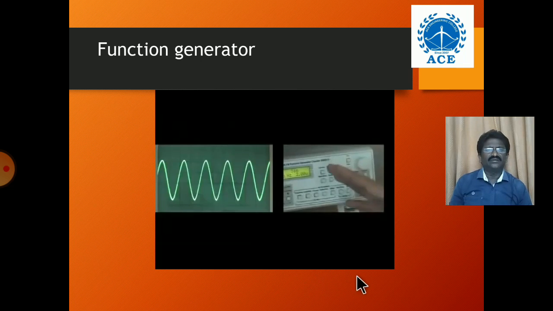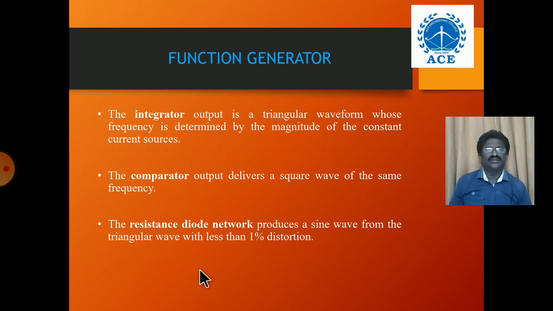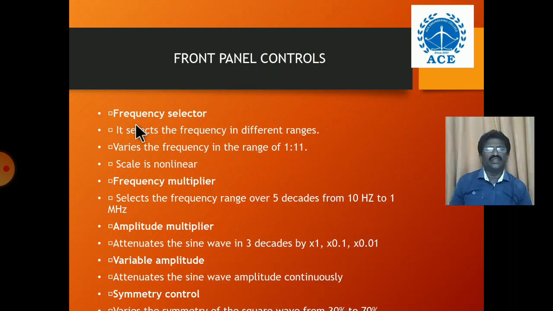First you can observe the frequency selector. It selects the frequency in different ranges. The scale is nonlinear. The frequency multiplier selects the frequency range over 5 decades from 10 Hz to 1 MHz.